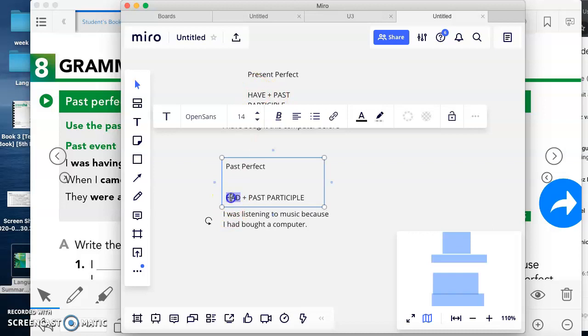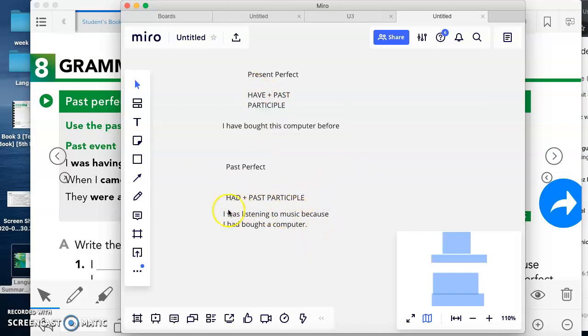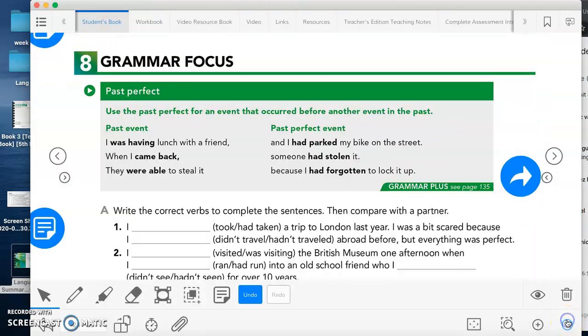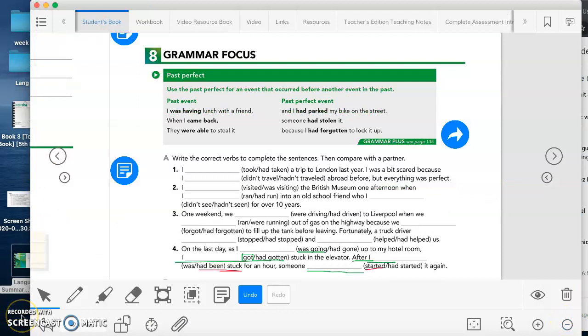So we are using had and then the past participle. So we can make this type of sentence. I was listening to music because I had bought a computer. That means that, of course, first I bought my computer and then I was listening to music. And that's pretty much it with this grammar for today.